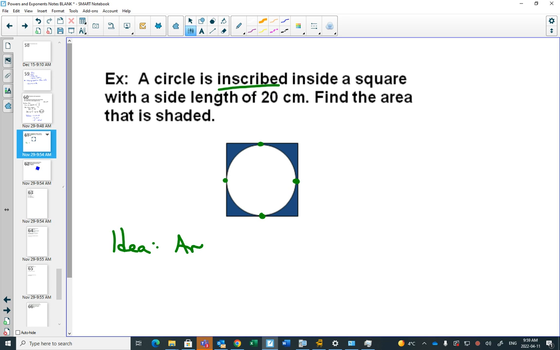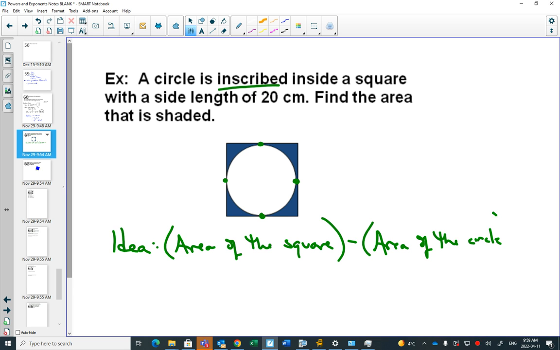If you take the area of the square, I'm going to put that in brackets, and you subtract the area of the circle, then you will get what's left, which is the shaded part.